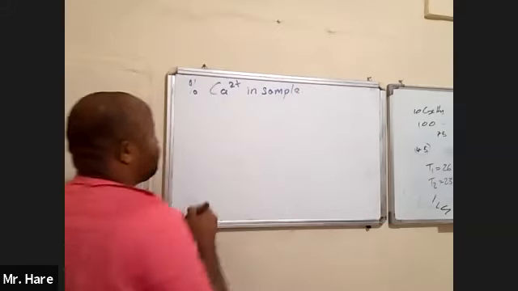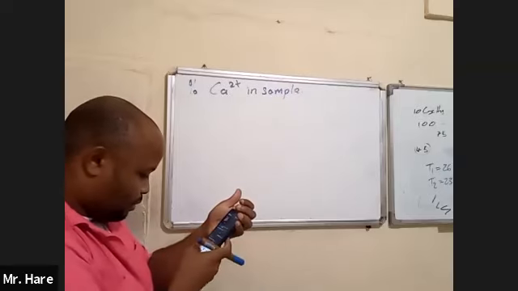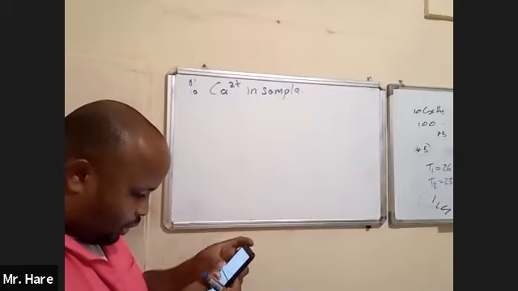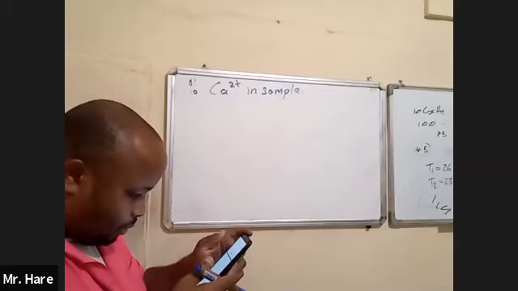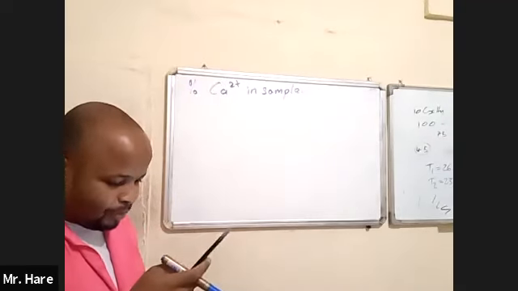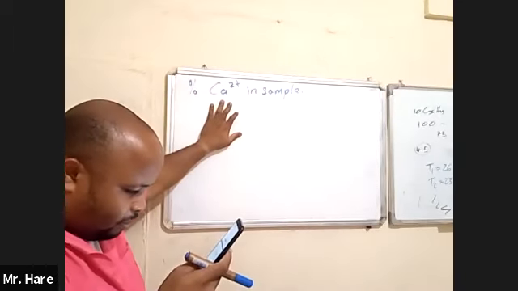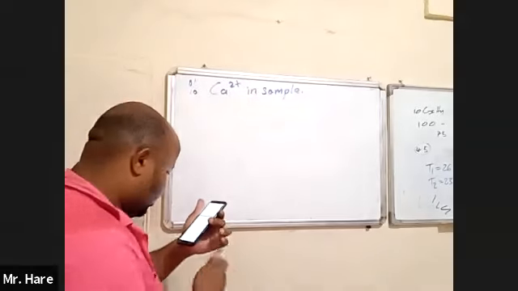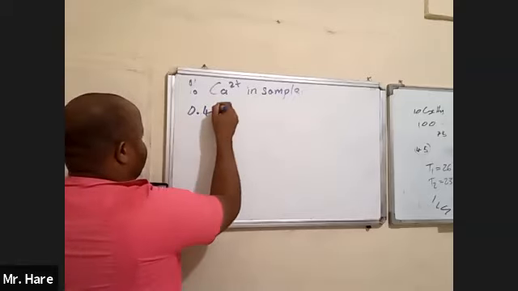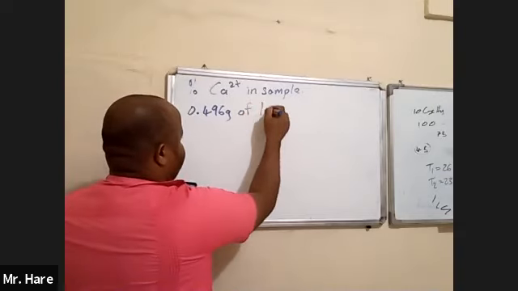All right, so an experiment was done to estimate the percentage of calcium ion in a sample. A sample of 0.496 gram of limestone.